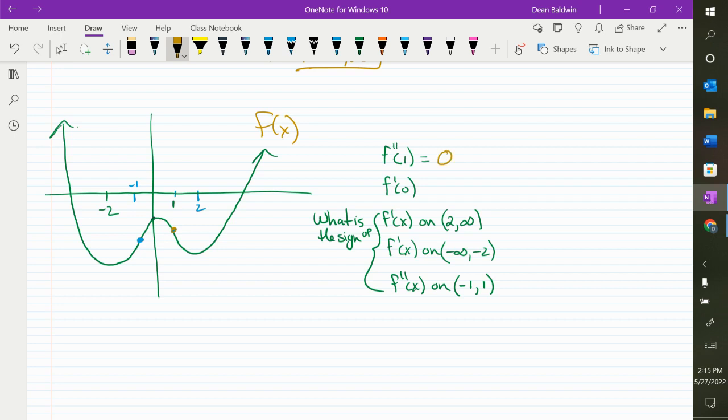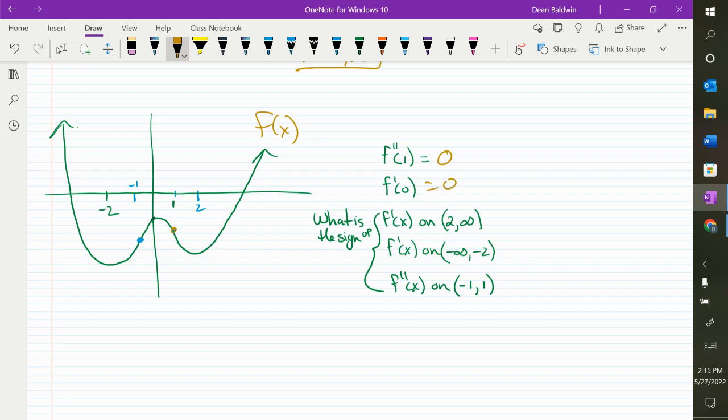So it's 0. F prime. What does F prime tell you about the graph? Is it increasing or decreasing, or the slope? So at 0, what do we have? It's supposed to be a max. What's the slope at a max or a min? 0.